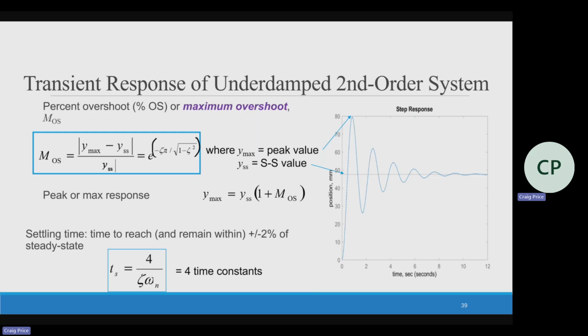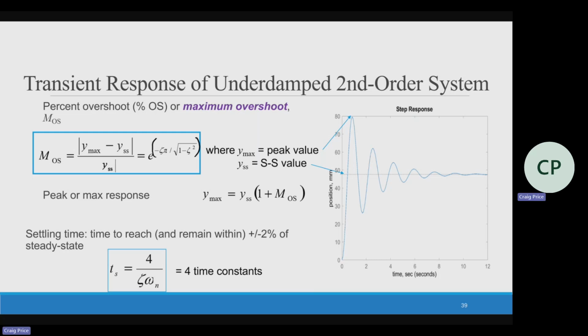All of this in parentheses is what we're taking e to that power. So it's going to be negative damping ratio times pi, divided by this, and then we're taking e to that negative power. That's going to give you a decimal, and what that tells us is how far above steady state this first peak is going to shoot over.